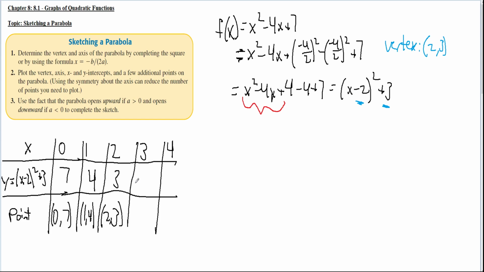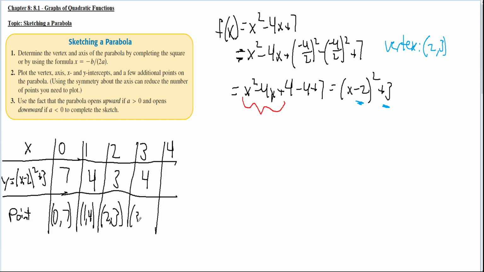And when we plug in 3, the thing that we want to keep in mind is that 1 and 3, since they're about the axis of symmetry, will end up with the same y value. So we can just work through that algebra real quick. When we plug in 3 for x, we'll have 3 minus 2, which is 1. 1 squared is also 1, and then plus 3 will give us 4.